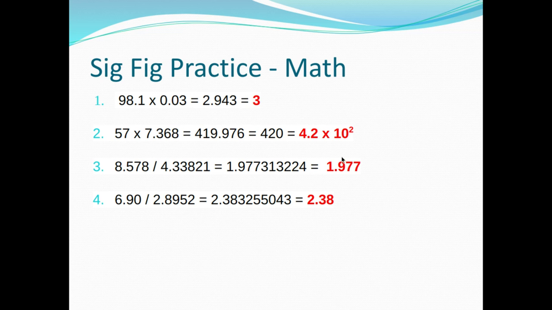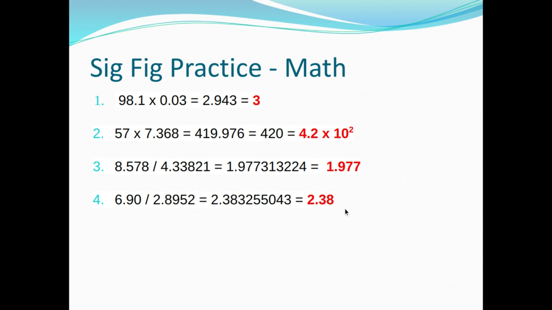So 3 has to be in my answer. I can only have 3 significant figures in my answer. So this huge number has to be rounded down to 3 significant figures. If I look at the front 3 numbers, that's my cutoff point. The 3 is going to tell me the 8 has to stay the same. It's not going to move up any.